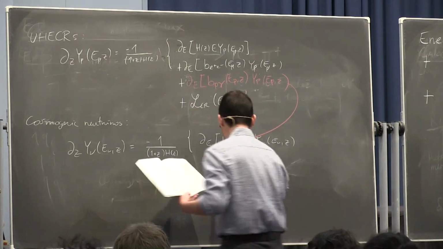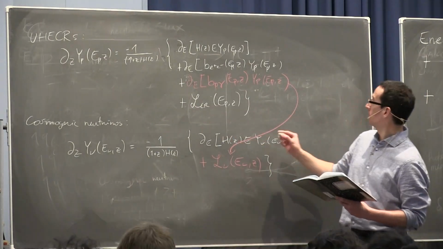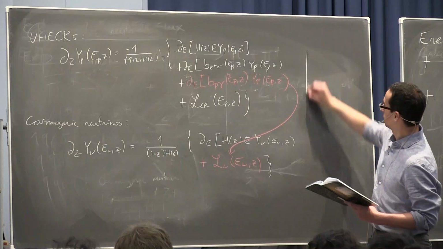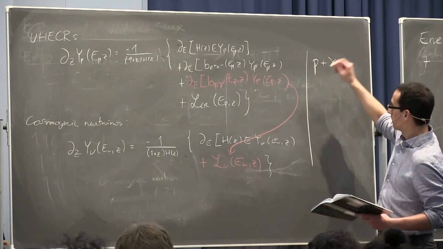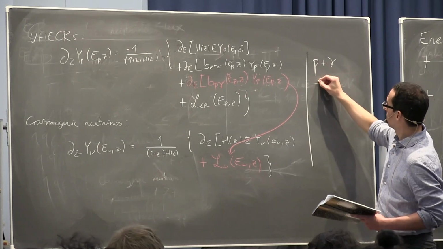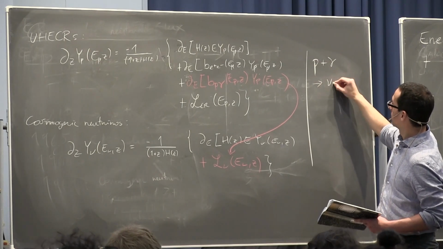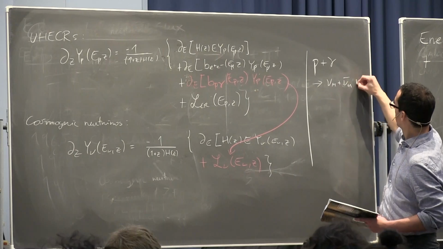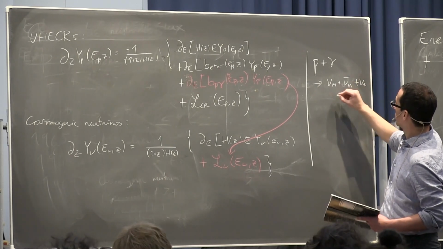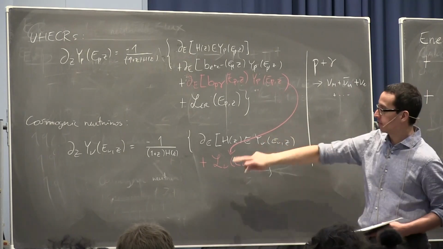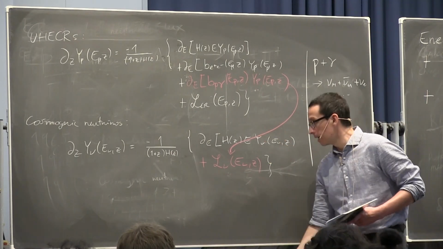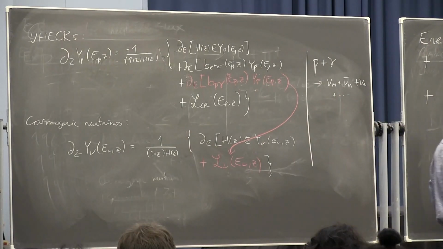So remember, each time one proton is interacting with a photon, after the whole decay process, we're getting 3 neutrinos plus stuff. So these neutrinos now need to be injected at each redshift into the transport equation of the neutrinos.